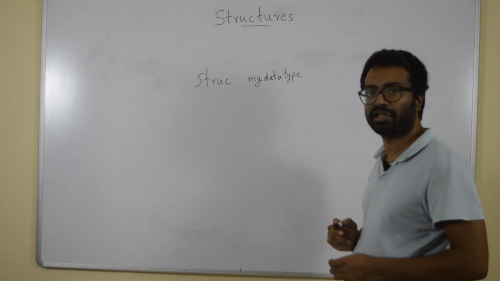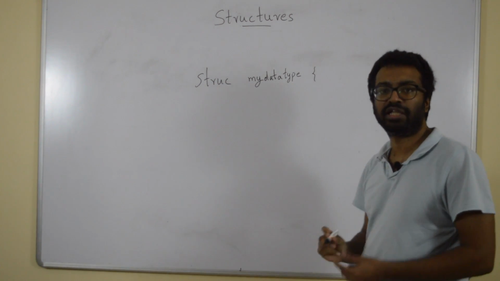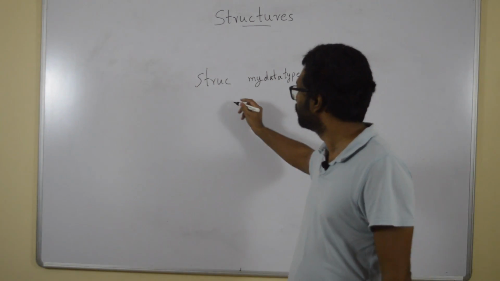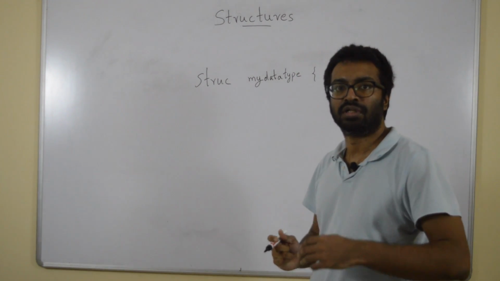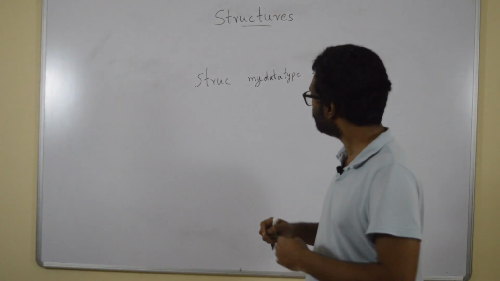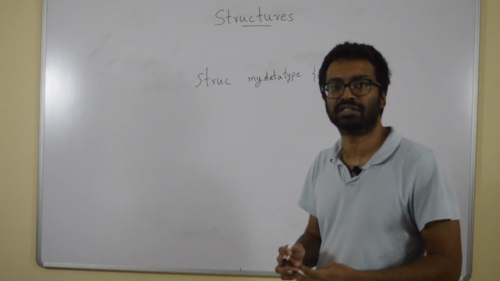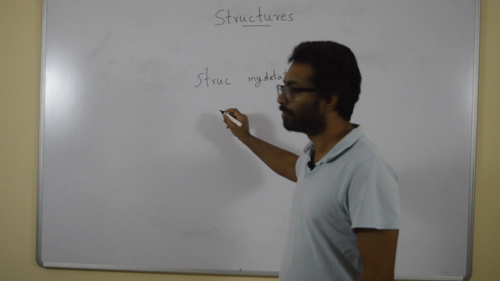struct my data type, and then in braces we write what the different data types are which are inside the structure.